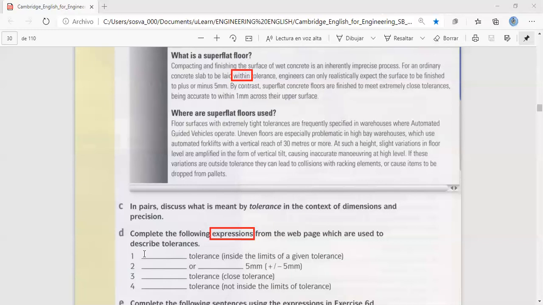Maybe I can write it in here. Within. The second one is an expression that means you got it in parentheses actually: maximum or minimum, in other words plus or minus.